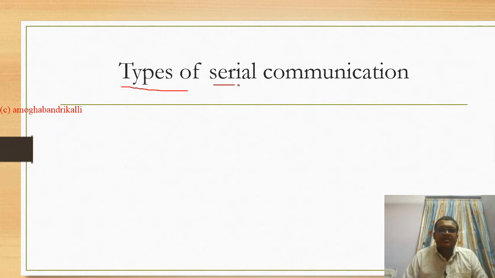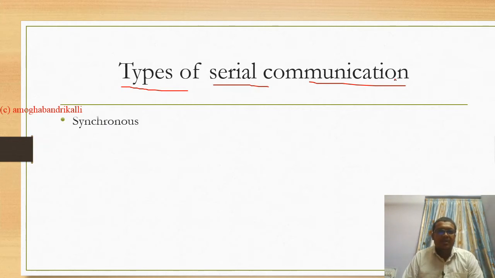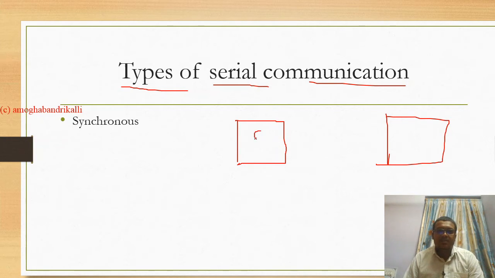The next one is types of serial communication. We have two types here. The first one is synchronous. Synchronous means you have one transmitter, a receiver, a clock, and a data pin.